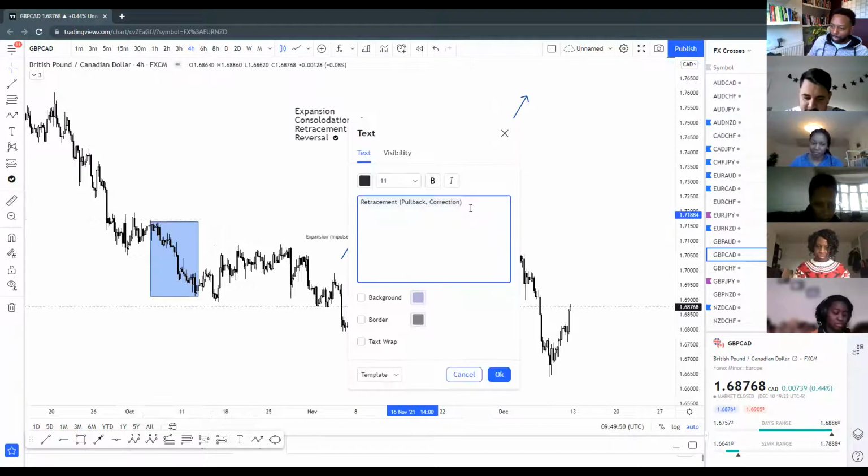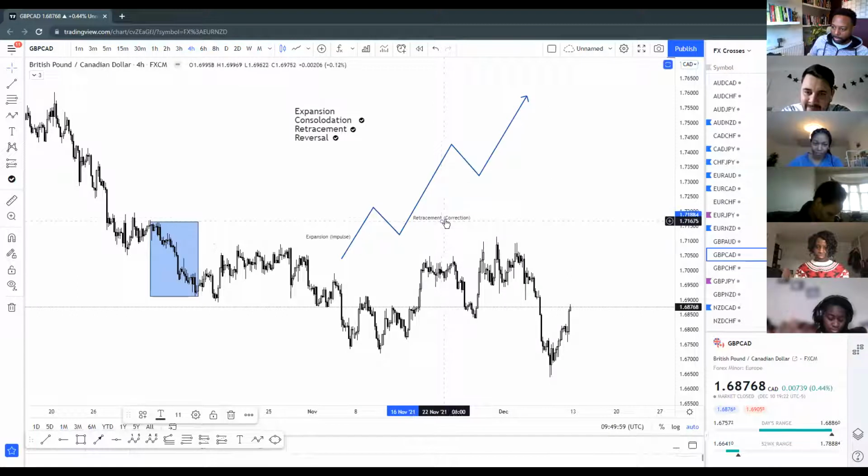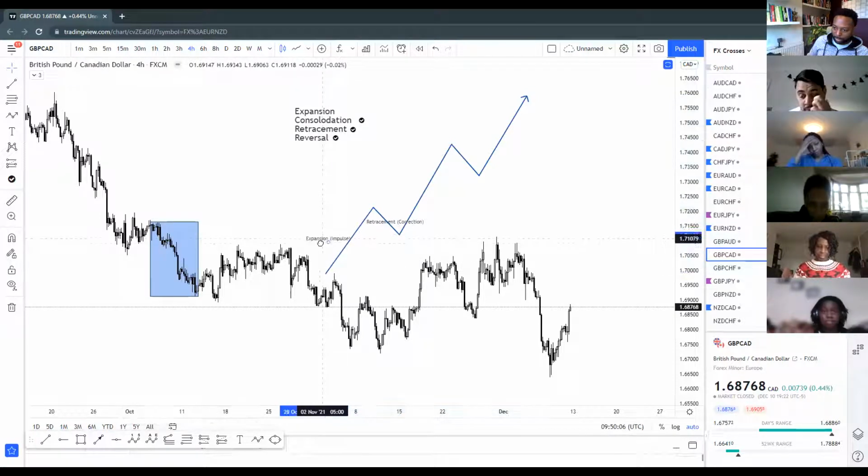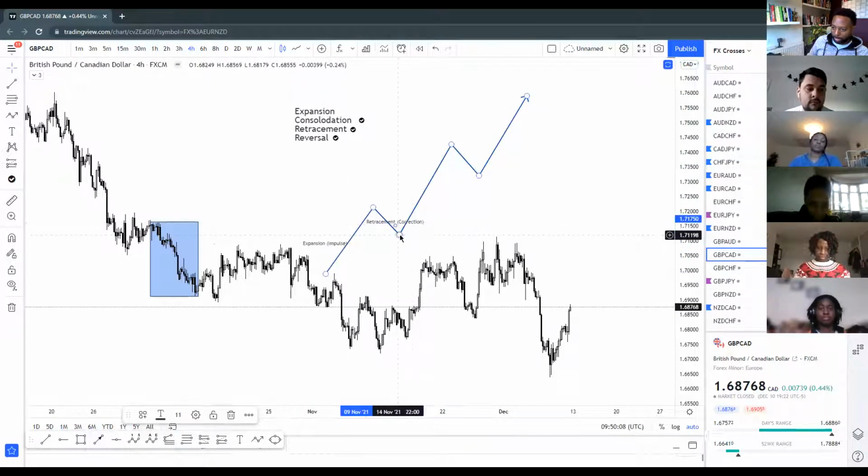So Angelina, you are not wrong to call it a pullback. You're not wrong at all. Just for the sake of space, these are the two terms that I use. I use retracement or correction. Let's try and make it a bit longer.